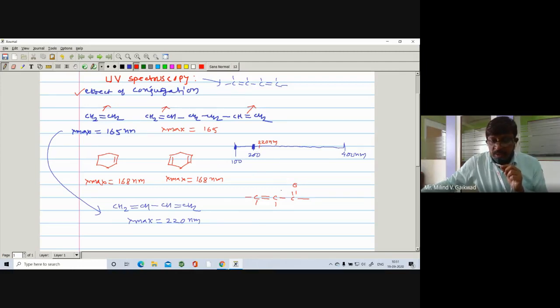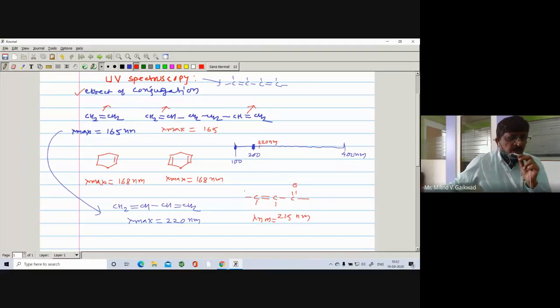But if you take one pi bond and one C=O group in conjugation, then it appears at 215 nanometer. The lambda max is equal to 215 nanometer. What is the effect of conjugation? The more pi bonds in conjugation, the more it will appear in the UV range, right?